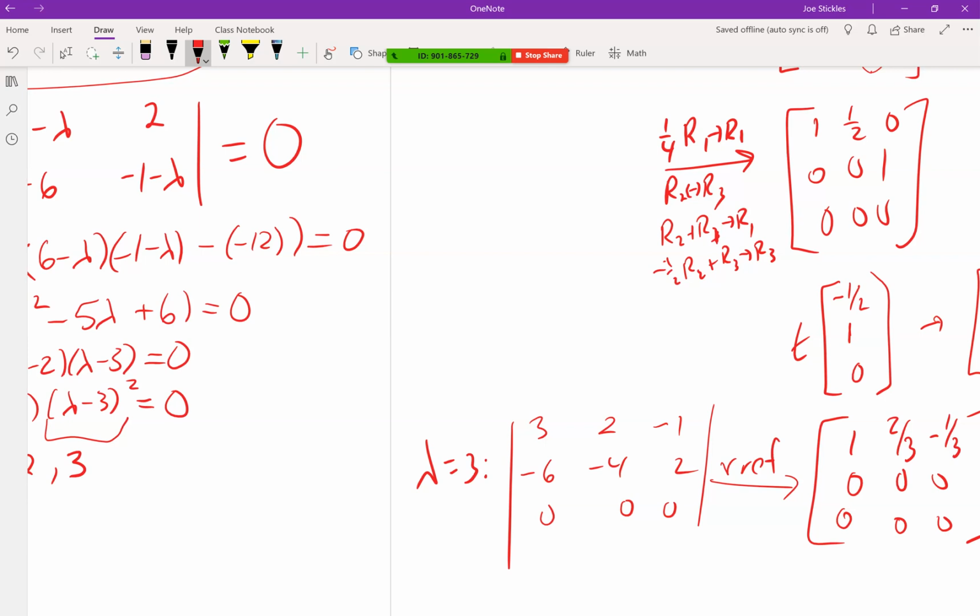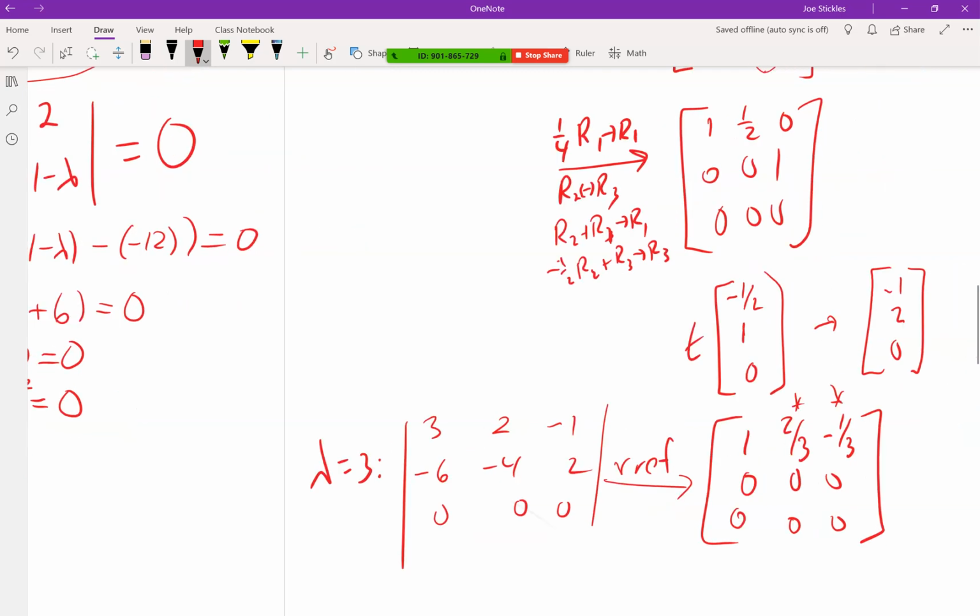Now over here, we have 2 free variables. And that's a good thing for us because we want 2 free variables, because we're going to need 2 more linearly independent eigenvectors to be able to diagonalize this matrix.